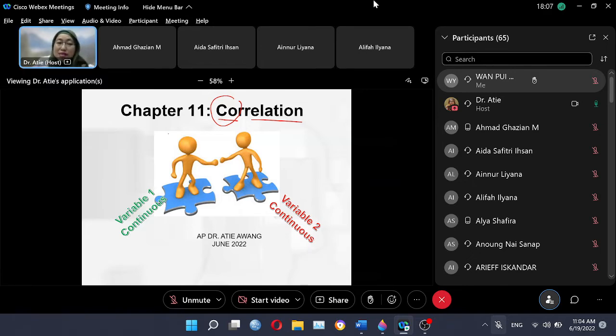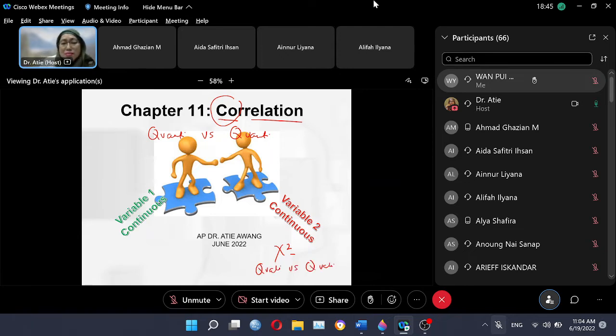And this correlation is to find the relationship between quantity versus quantity variables. Before this we already learned the chi-square test in our previous session, and the purpose is to find the relationship or association between quali versus quali, right?